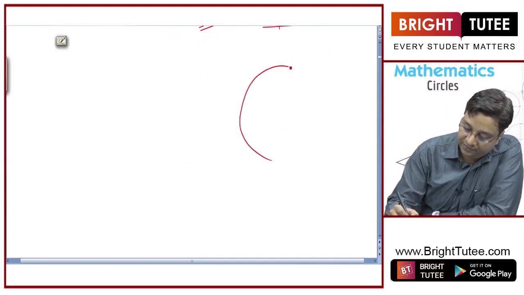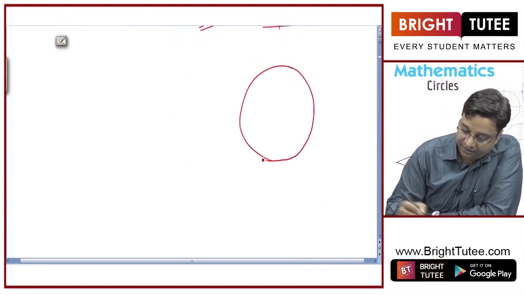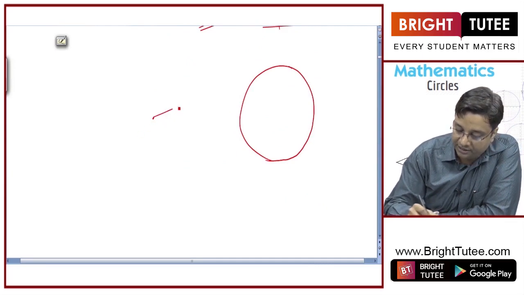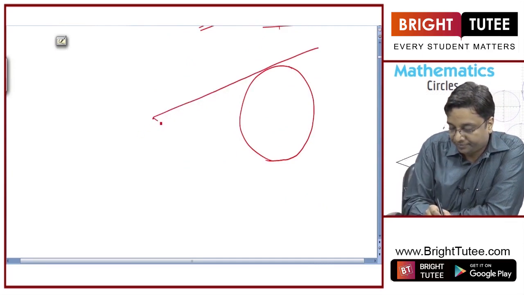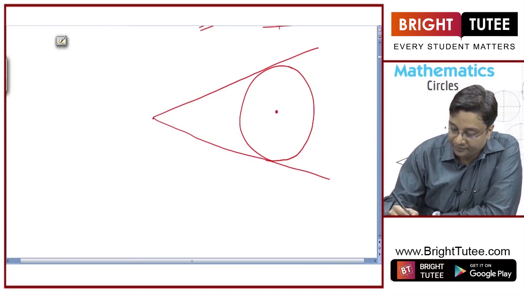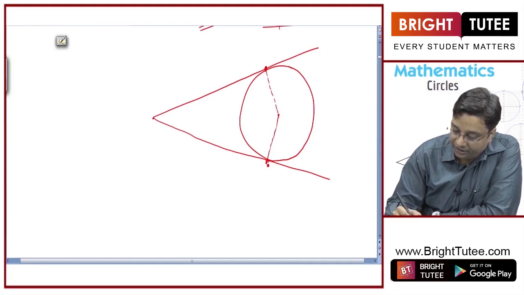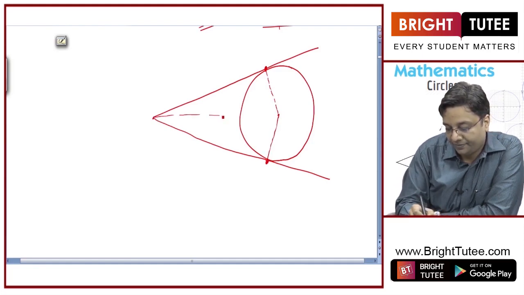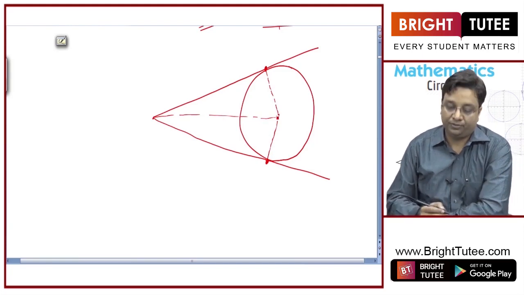Another case that we can discuss here: if I draw two tangents from this point, and this is the point of contact, let's join it with another point of contact and let's draw this segment also.